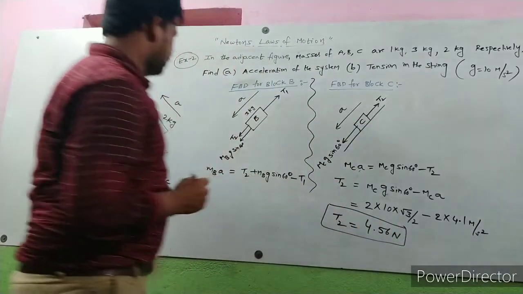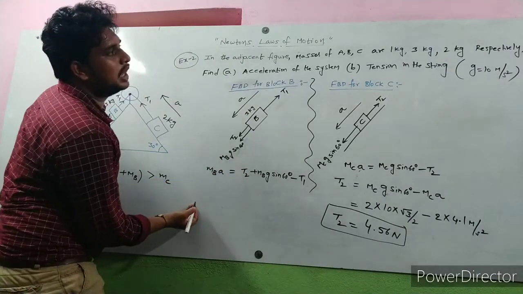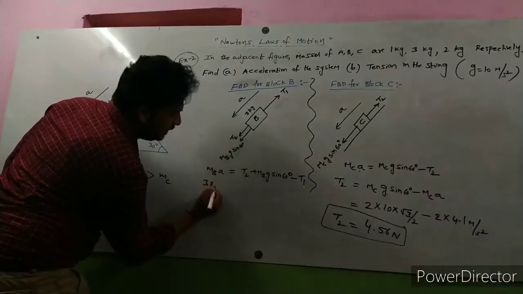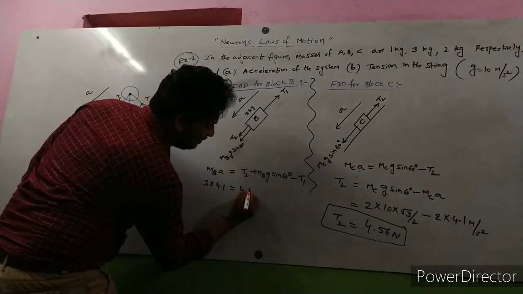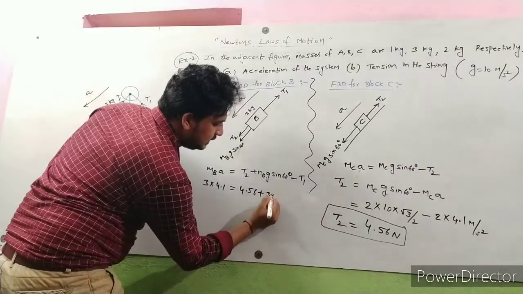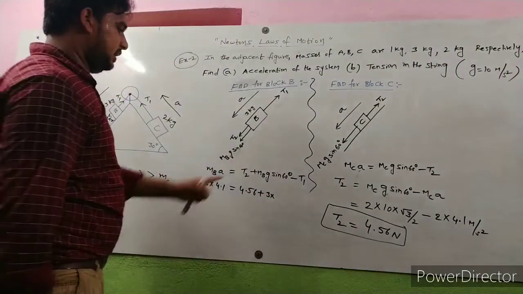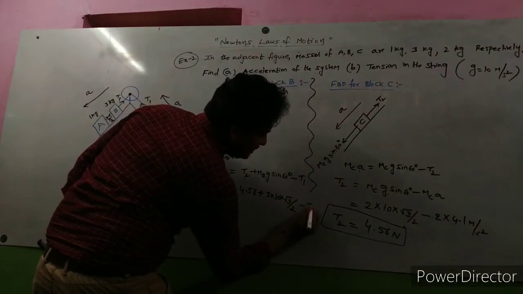If you substitute the T2 value here, MB into 4.1 equals T2, 4.56, plus MB value 3 into 10 into sin 60, which is root 3 by 2, minus T1.